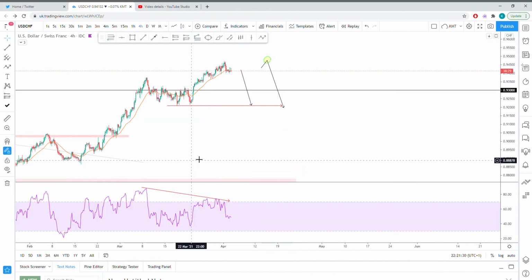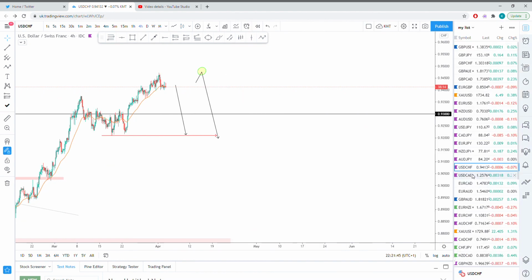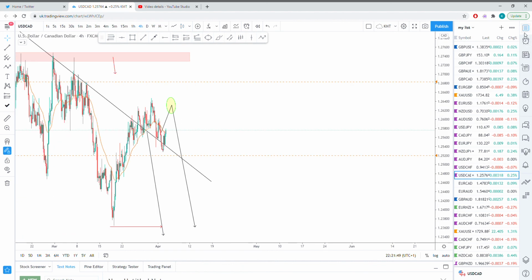The other thing as well is we can see that there is a divergence forming here, so we can tie this in, that momentum is potentially flipping over, and that there is a potential move to the downside. That's something you could prepare yourself for in the market.